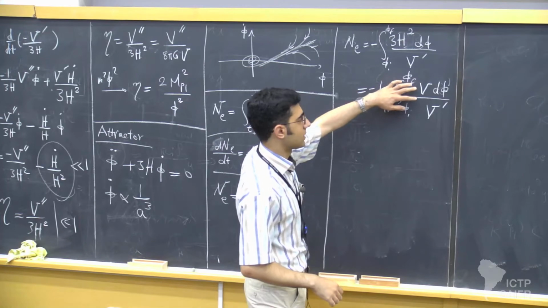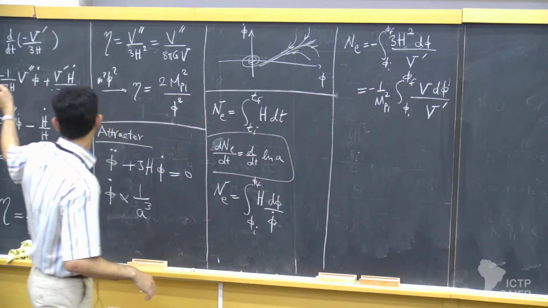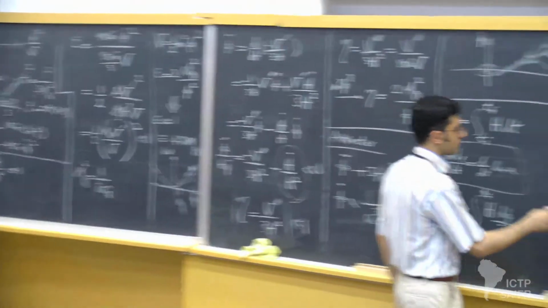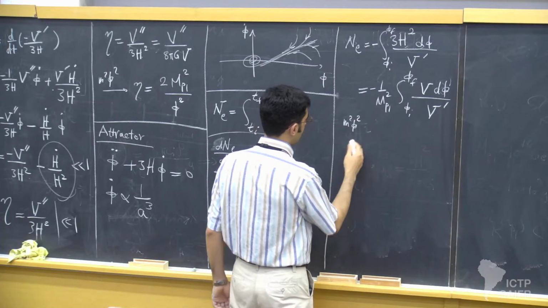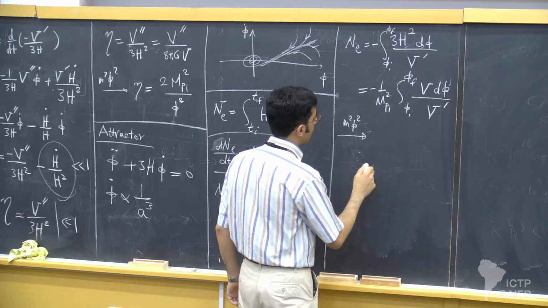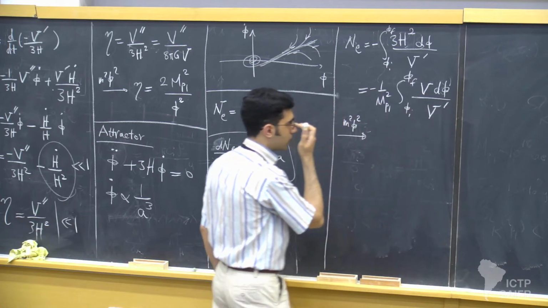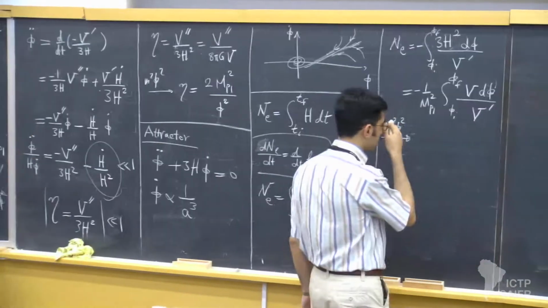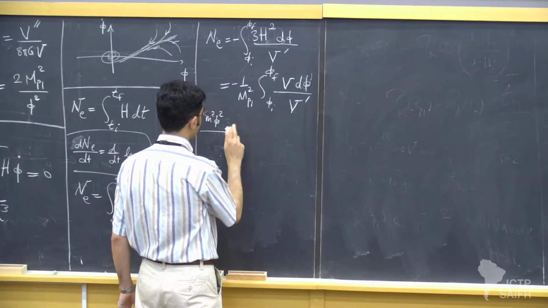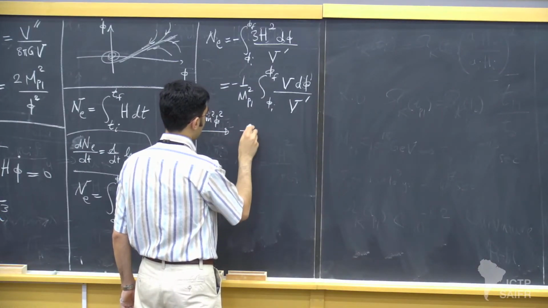But let's consider some concrete model like m squared phi squared again. And if we do that, then this V over V prime is just going to give us -1.